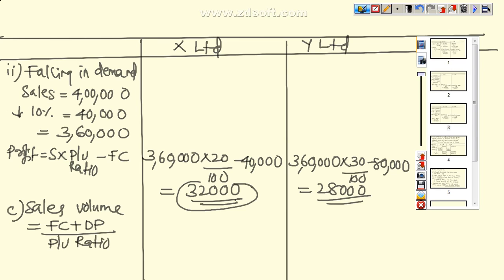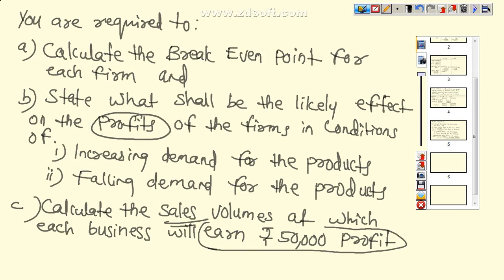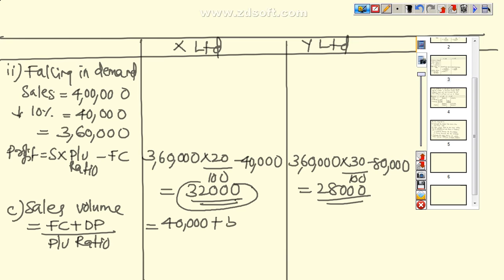So for this company fixed cost is 40,000, desired profit given in the question is 50,000, so we write 50,000 upon PV ratio of this particular company, 20%, that is equal to 4,50,000.